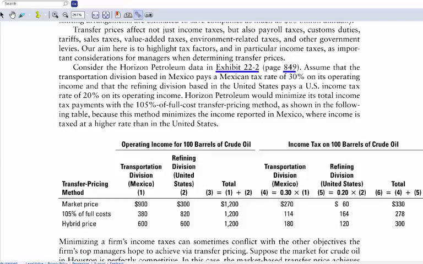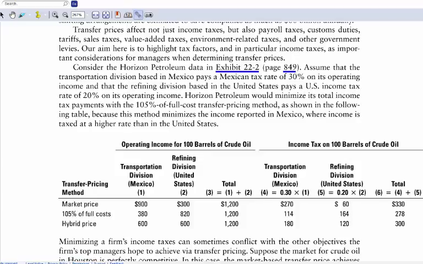So wherever the lowest tax rate is, the larger amount of profit needs to be shown. That way the company pays less in taxes. So you guys have got to be able to understand that concept and apply it. Again, wherever the tax rate is the lowest, you want the highest profit so that you're paying the lowest amount in tax.